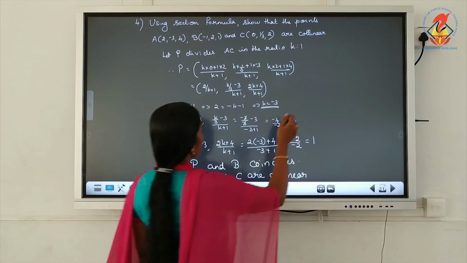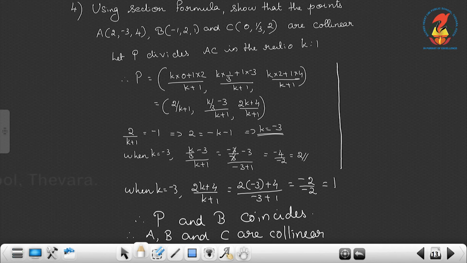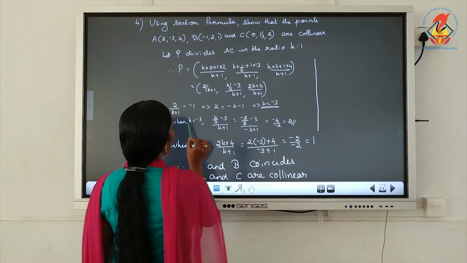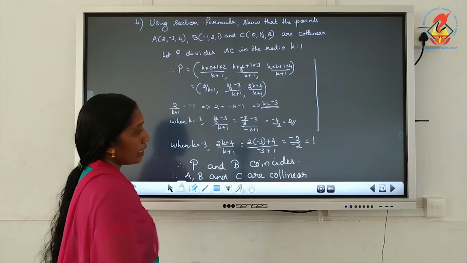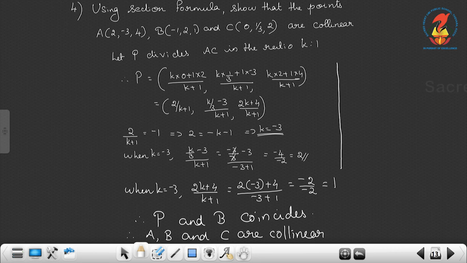The other method is, after getting k is equal to minus 3 by equating the first coordinate, substitute this k value in the second and third coordinates.